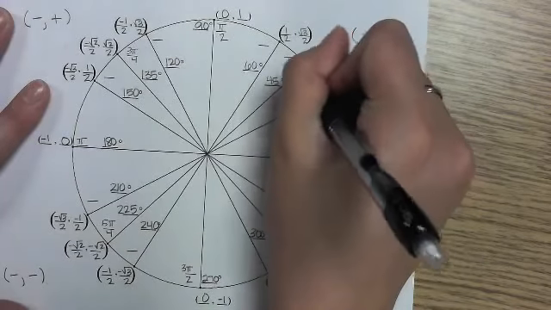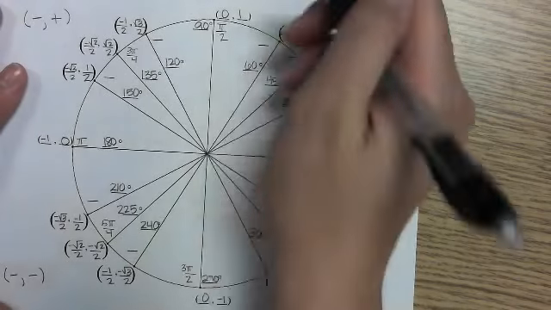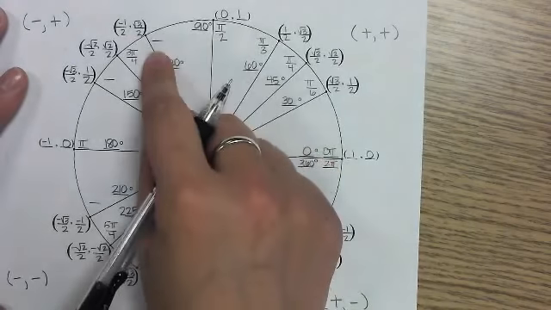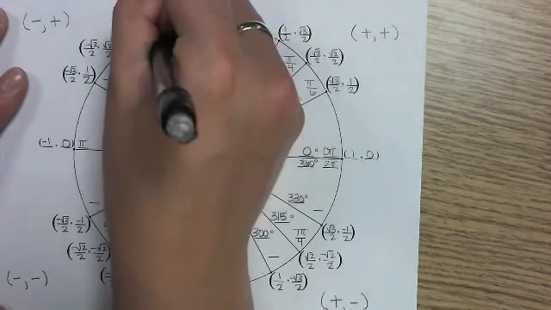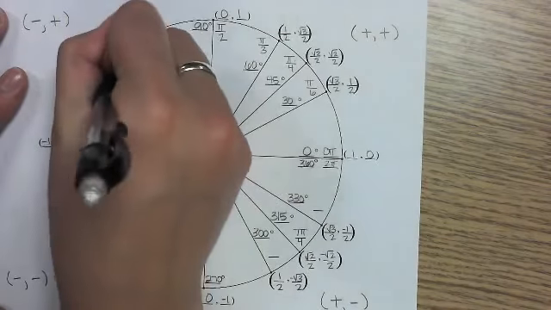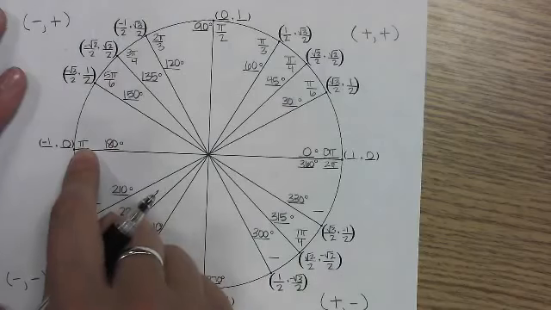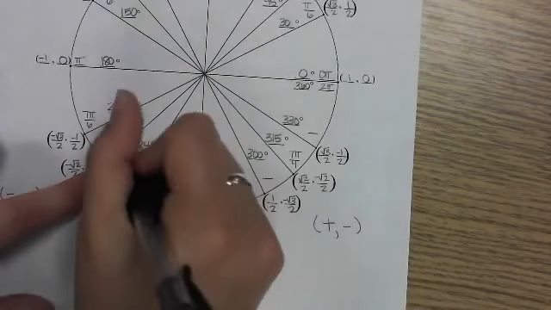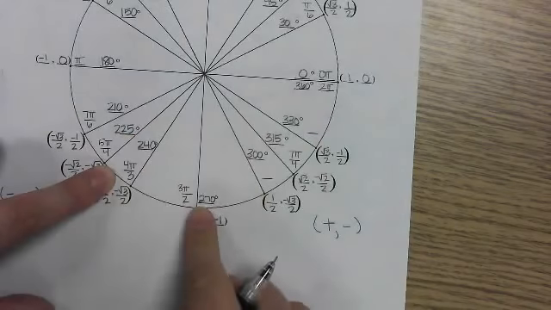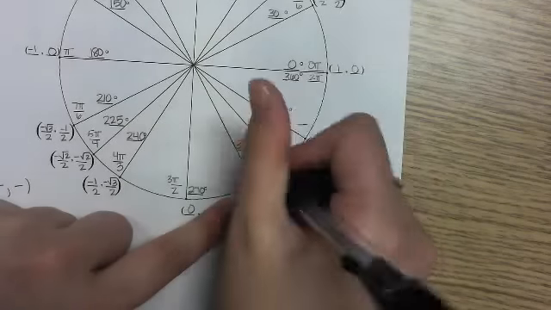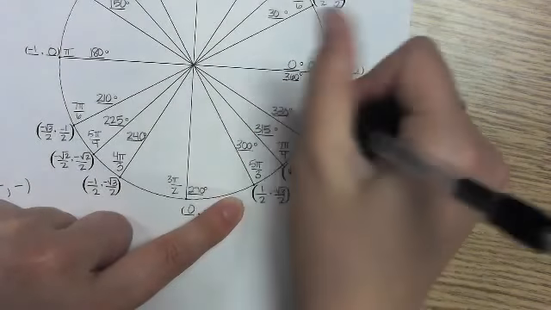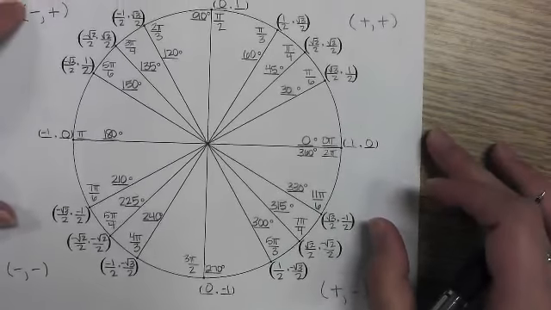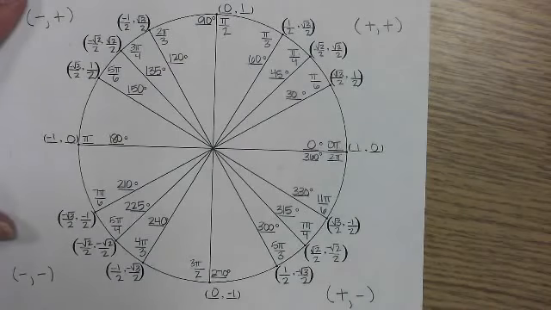So we've got 1/6 right here, 2/6 right here, which is the same as a third, 3/6 right here, which is the same as a half, 4/6 right here, which is 2/3, 5/6, 6/6, which is 1, 7/6, 8/6 would be 4 pi thirds, 9/6, which we already had, 10/6, which would be 5 pi thirds, 11/6, and then 12 would be the 2 pi. Okay, so those are all the values on the unit circle that we need.